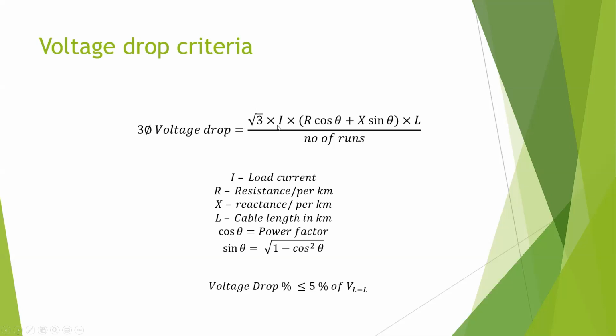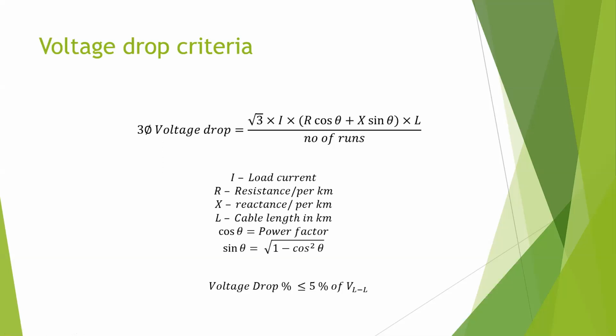You may remember this equation. This is actually the same equation you had in the installations, but the only difference is you have the reactance component. Earlier you only had the resistive component, but here you are going to have the reactance component included.